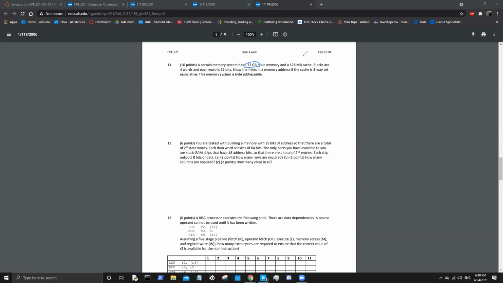That kind of feels like it takes, actually no, this is powers of 2. So let's just do this the easy way, which is log 2 of 32.